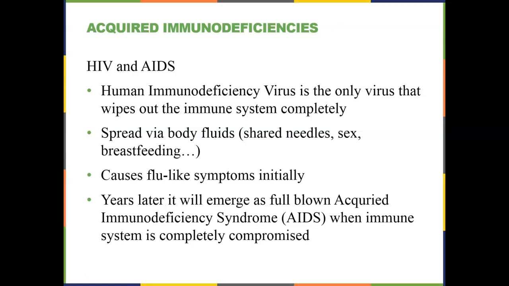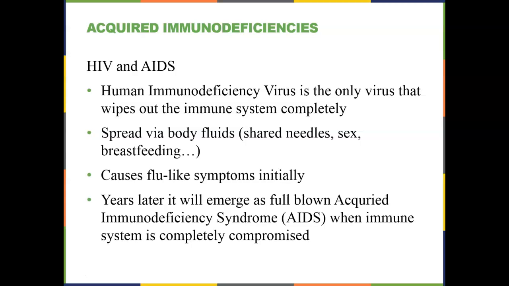The last disorder we'll talk about is an acquired immunodeficiency. So this is not one that we are born with. This is one that we get typically from sharing needles, through sex, through breastfeeding, or through blood transfusions. HIV, or human immunodeficiency virus, is the only virus that can wipe out our entire immune system.